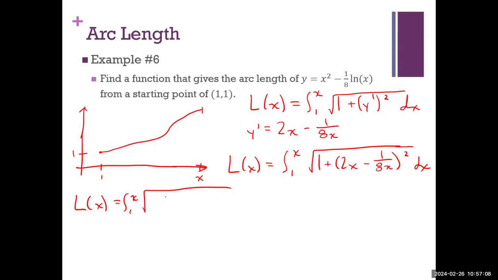So if I square that, I get what? 1 plus 4x squared minus a half plus 1 over 64x squared.